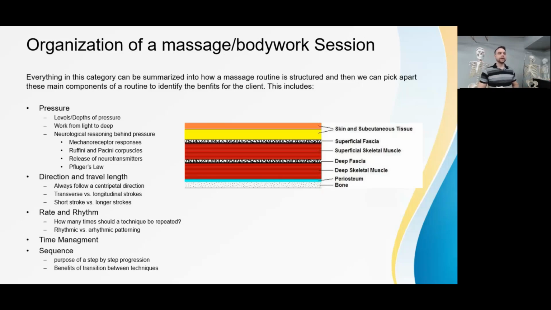Namely, because myofascial release can be more effective to work for the fascia and stretch and restructure and reorganize the fascia network as best we can than just straight pressing in and crushing muscles, right?